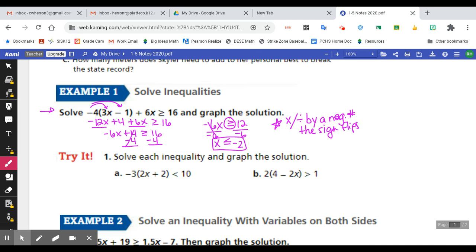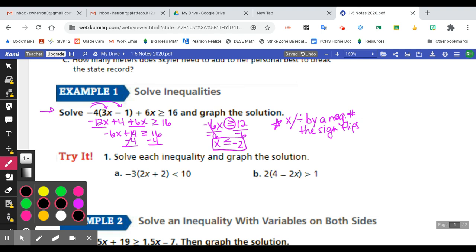Okay, there's that. Now I need to actually graph it. So I'm going to draw my number line. I don't ask that you put very many on here, but if -2 is here, I'm just going to go -3, -2, -1. Remember the difference between open and closed circles. So if it's an open circle, it's greater than or less than.